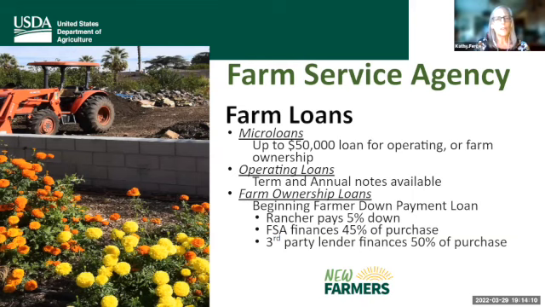Some nuances like that, but that's not always the case. There are exceptions to everything, so I let the Farm Service Agency people talk about the exceptions. I just want to make sure you know that there are things like operating loans that can help you out, and farm ownership loans that can help you get a farm. Next slide.